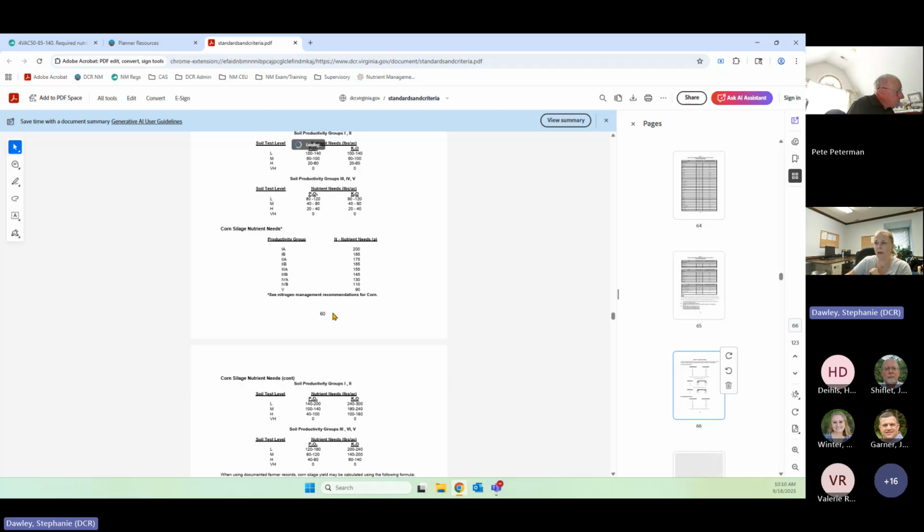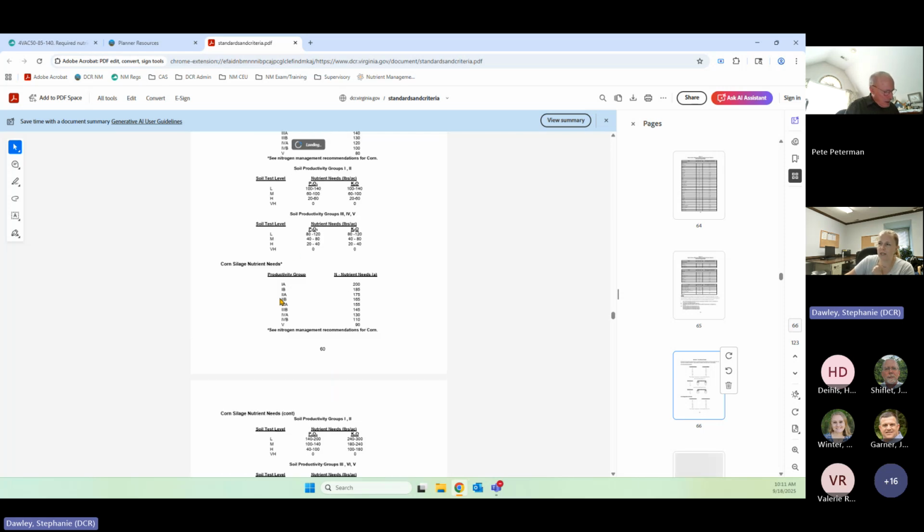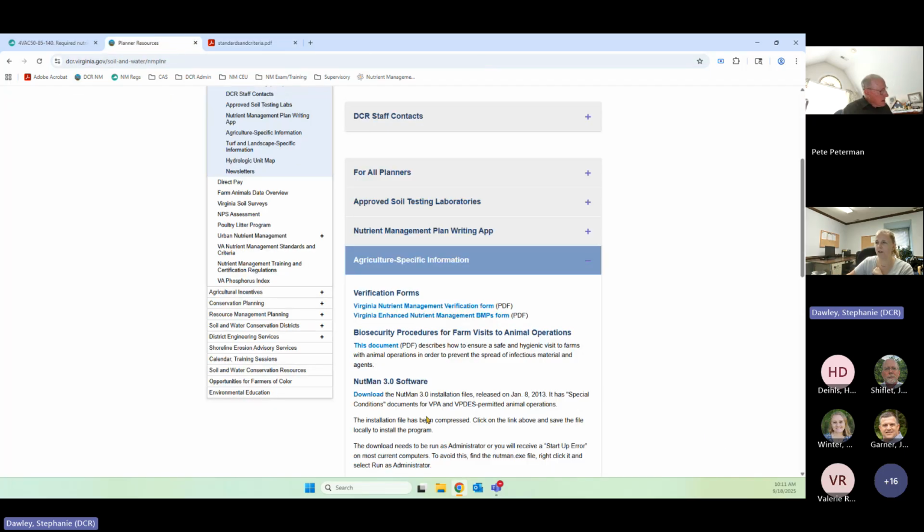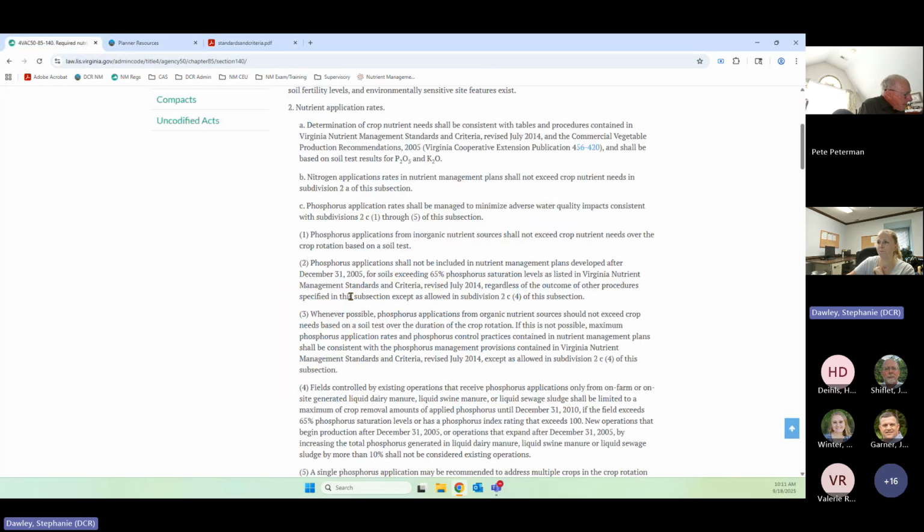So this is the big nutrient recommendation section. At some point during this series, we're going to go through every section of the standards and criteria as well. This is going to be a really thorough deep dive into plan writing. So we'll get back to this, but whenever we say nutrient needs, these are the tables that we're referencing starting on page 60 in the standards and criteria.